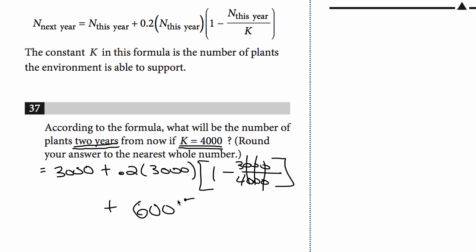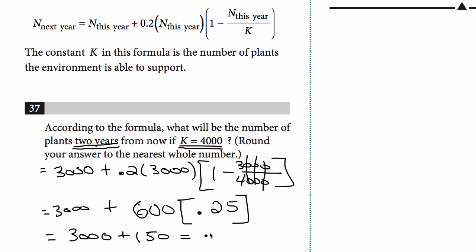So 600 times 1 minus 3/4, which is just 1/4, and a quarter of 600 is 150. So this is 3,000 plus 150. You should get 3,150. But you can't circle this and be done, because you've got to plug this in again, because it's 2 years. This is just the first year.